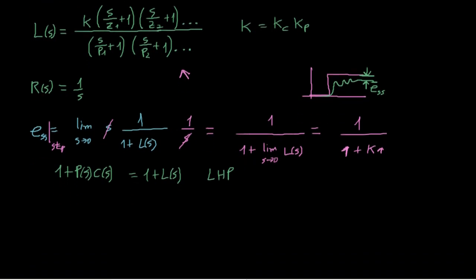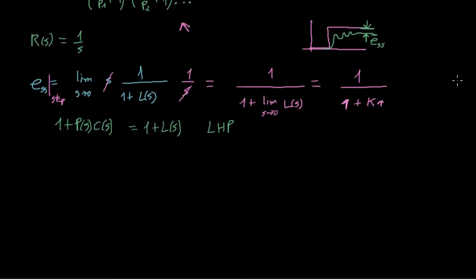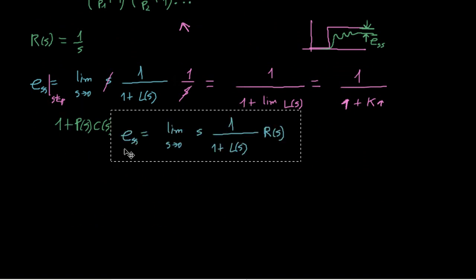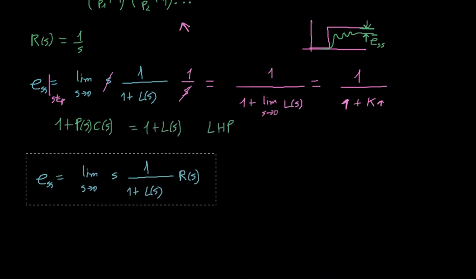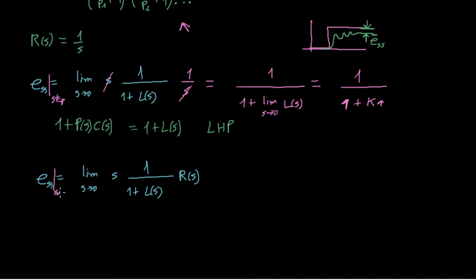Okay, let's do now the error under ramp input. So ESS under ramp means that R(s) is equal now to 1 over s squared.